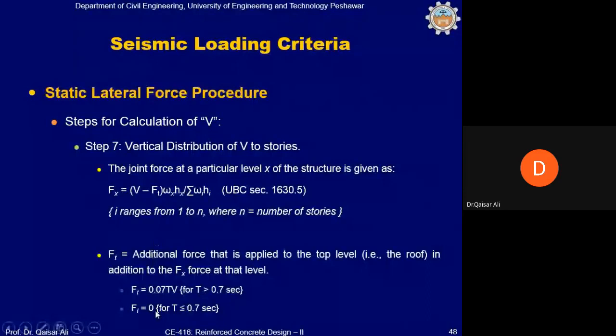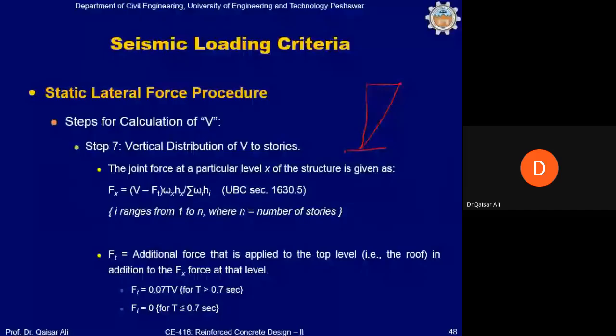If the structure is up to 7 stories, the forces will form a triangle type of shape like this. But if the time period is more than 0.7 seconds, it means the structure is tall. In a tall structure, it is quite possible that this wavy nature of displacement has an effect, so the Ft has been included.